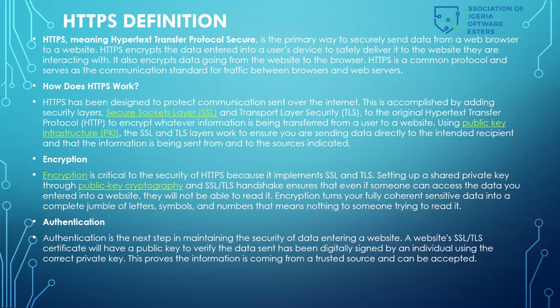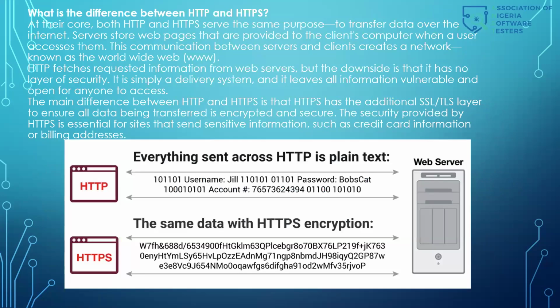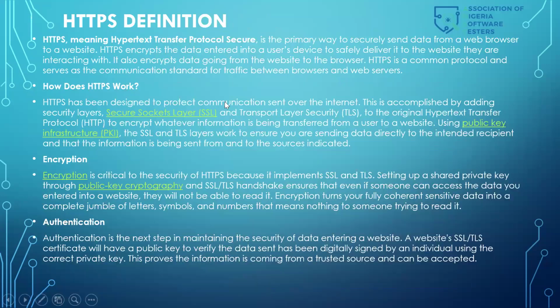It also encrypts data going from the website to the browser, vice versa. HTTPS is a common protocol and serves as the communication standard for traffic between browsers and web servers.